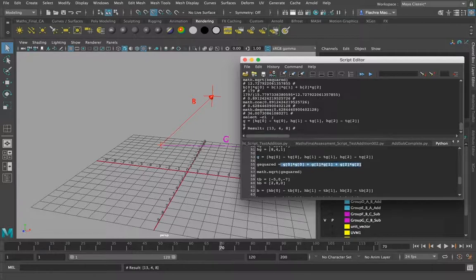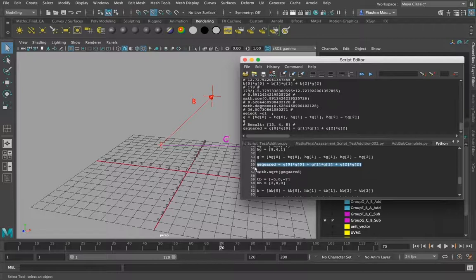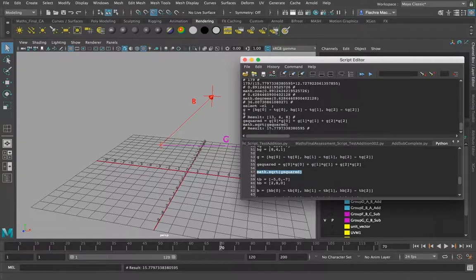Then we need to get each of those components squared, and put in this little bit of code here to give us this result. So that is the magnitude, the length of G, and we'll do the same for B, so tail and the head of B.